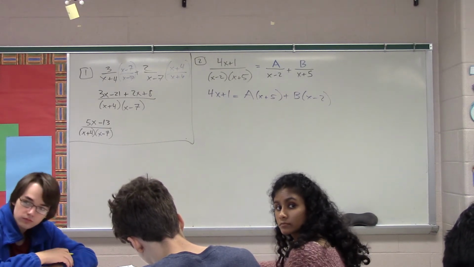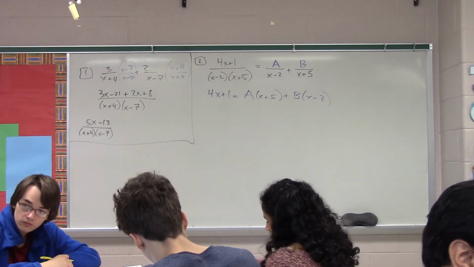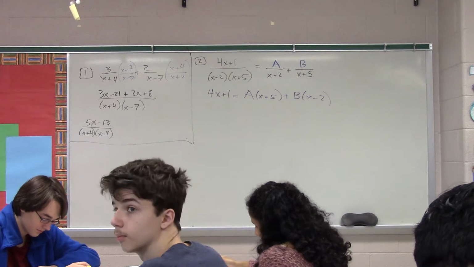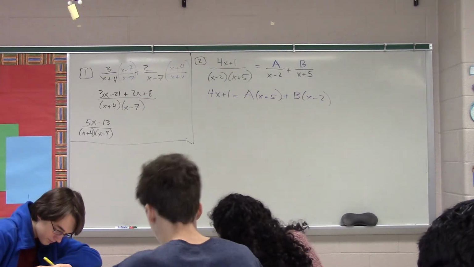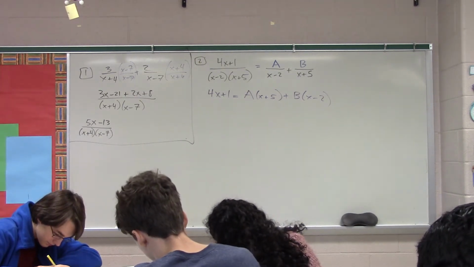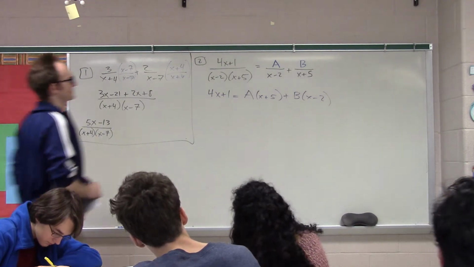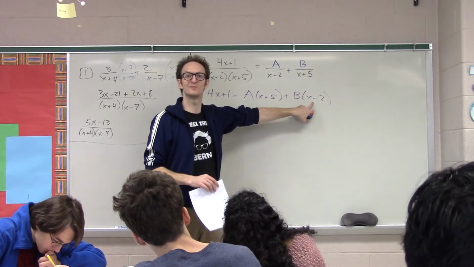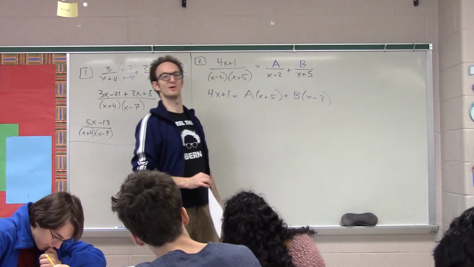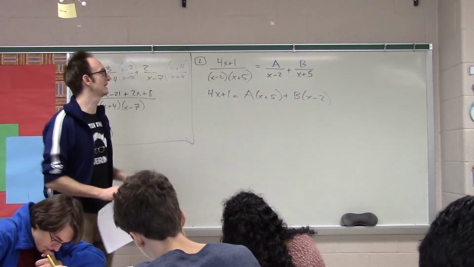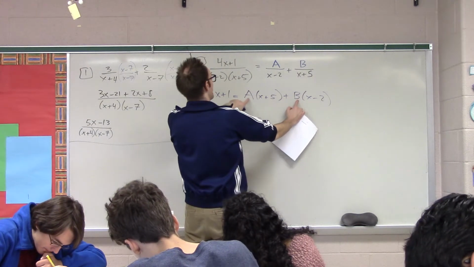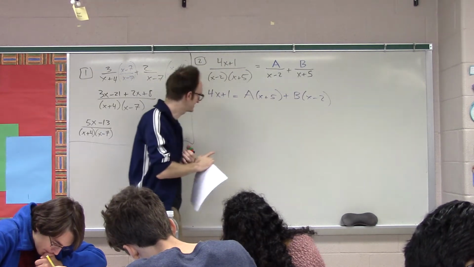Here's something else, Keely. You can think of x plus 5 as some vector, like 1, 5. And you can think of x minus 2 as some vector 1, negative 2 in some sort of space. And you're looking for linear combinations of those two vectors which take you to 4, 1.